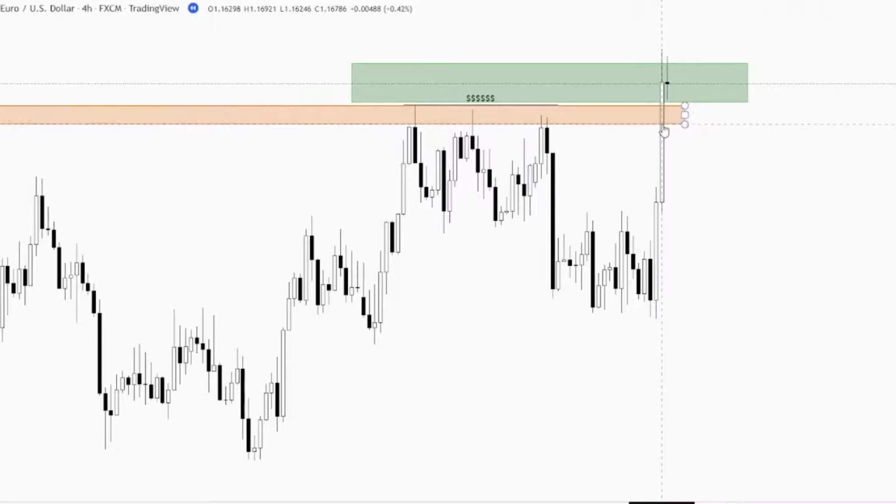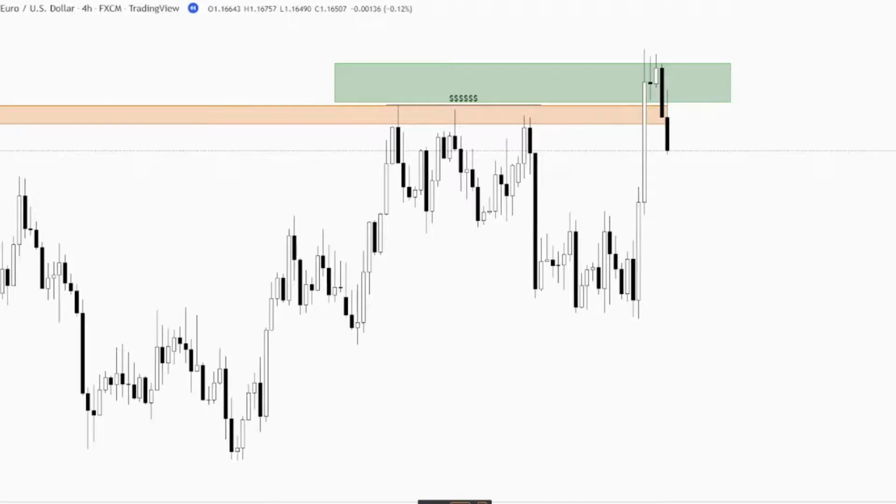Now in this area means someone was selling here when this candle was still here, and now this candle went out and their stop loss was hit right in this zone here. And now let's see, the market is collecting the fuel right here in this zone that I drew here, because there's liquidity here, and let's see what happens after that.